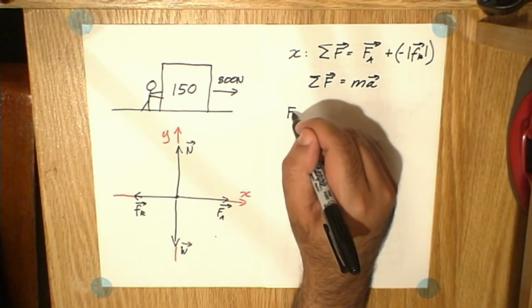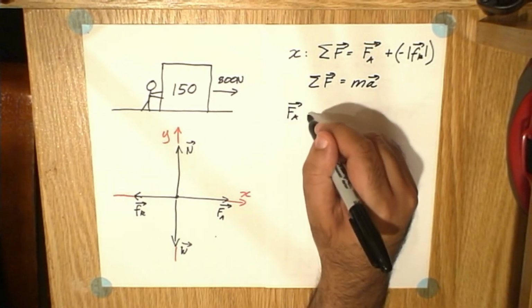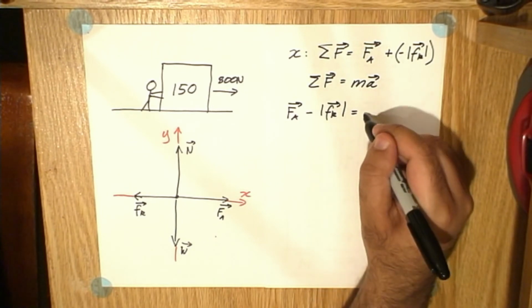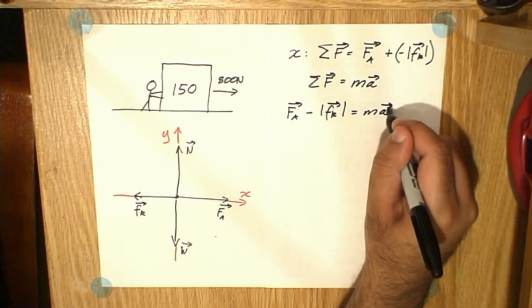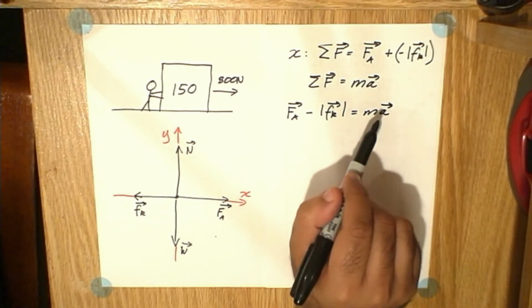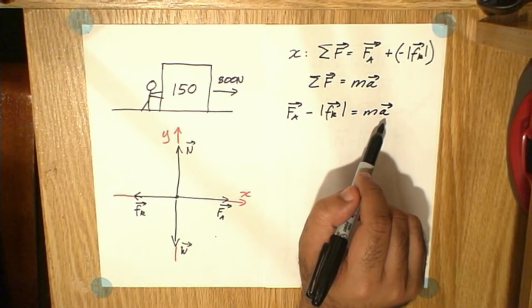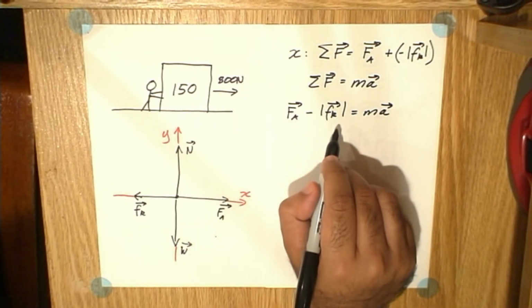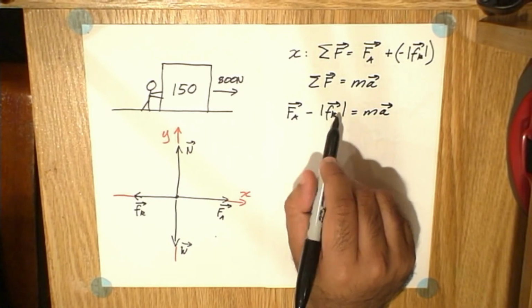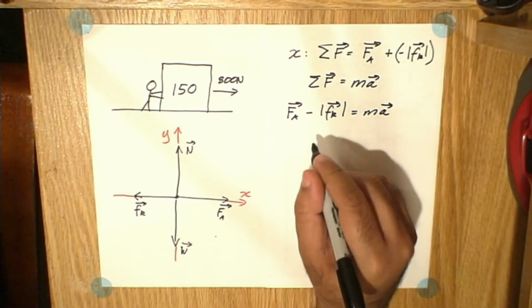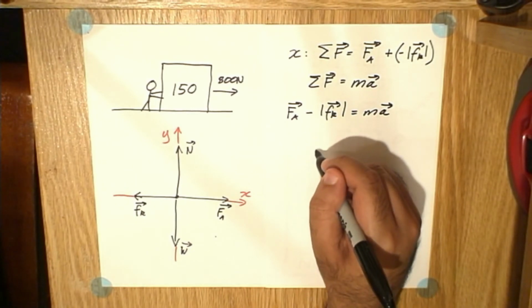So the applied force minus the force of kinetic friction is equal to mass times acceleration. Now, one thing is different here. Here, we don't know that the acceleration is 0. We were told what the applied force is, but we haven't yet solved for what the kinetic friction is, so we don't know what the acceleration is. Therefore, let us solve for the kinetic friction.